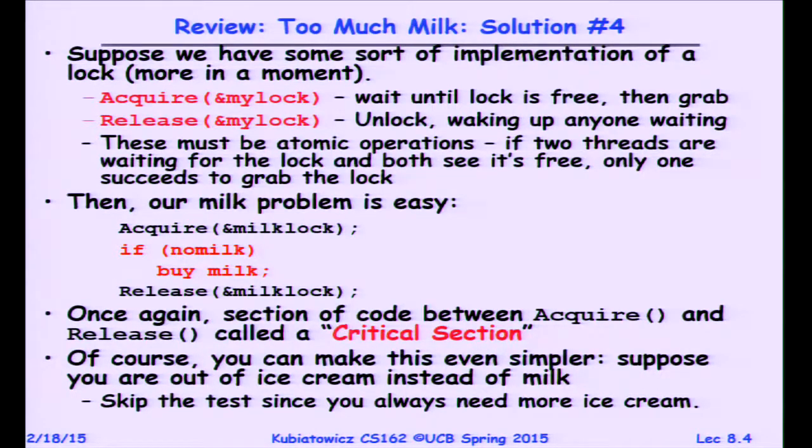So suppose that both of them try to acquire the lock at once, and only one of them is allowed to acquire the lock. What does that actually mean? What actually happens to the other roommate? They've got to wait.